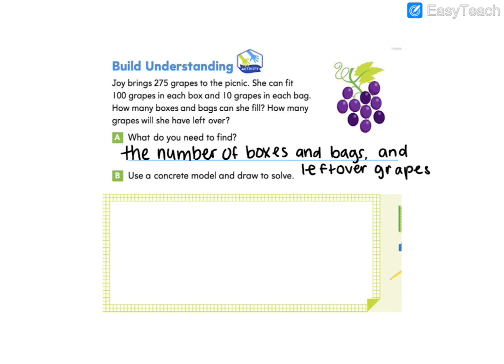So let's think about how we're going to represent this. I know that she can fit 100 grapes in each box, 10 grapes in each bag. So for each box, I'm going to represent that with a hundreds flag. And each bag, I'll represent with a 10 stick. Let's start with our hundreds. We know that we can have 100.